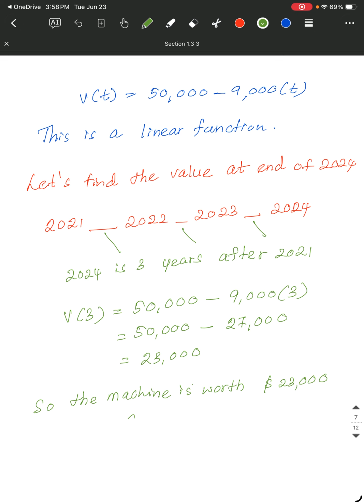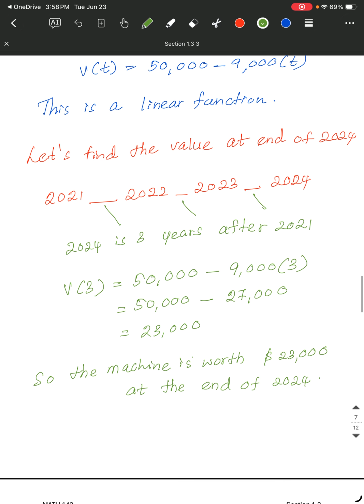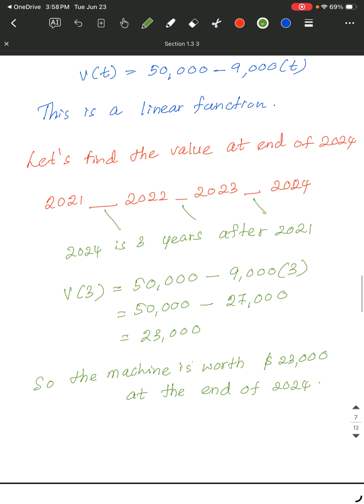This is how we can find the linear function for the depreciation: the total value decrease over time, the rate over time.